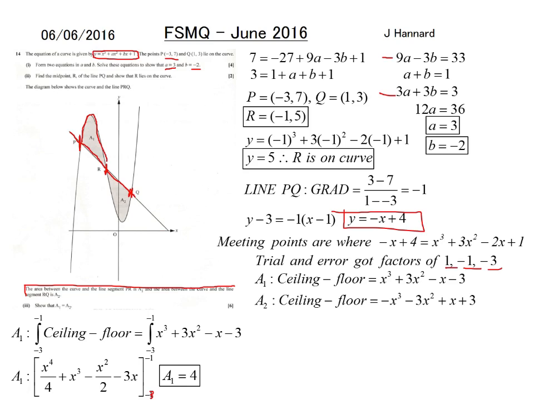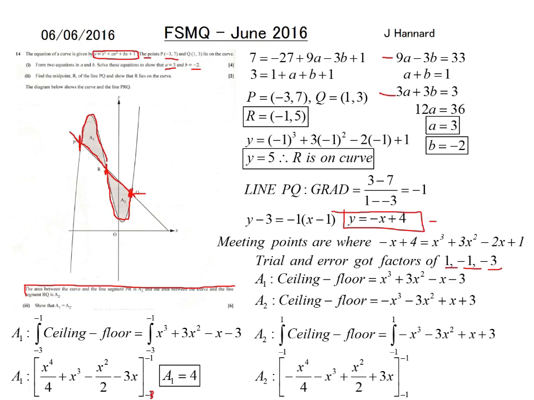A2, the ceiling take the floor, it's actually going to be the line take the curve this time. So it's going to be that take that, which is going to swap everybody's sign around. So therefore, our integral is that between 1 and minus 1. Add 1 to the power, divide by the new power, you get that. Again, that should be a positive 1 up there.